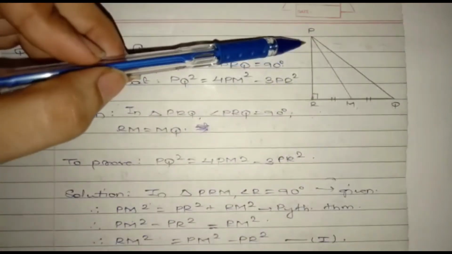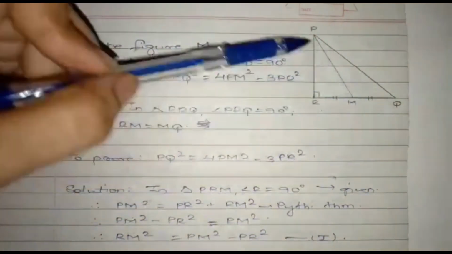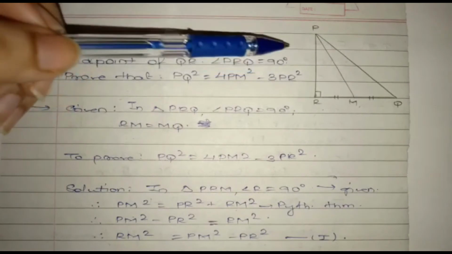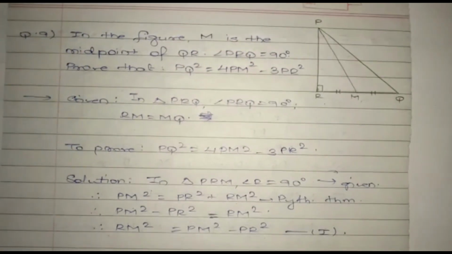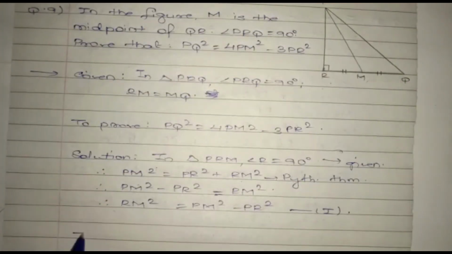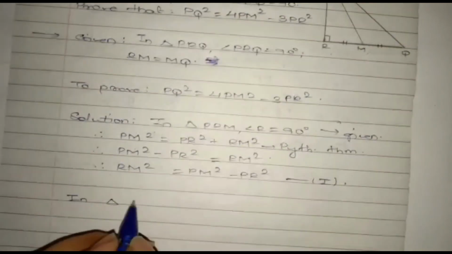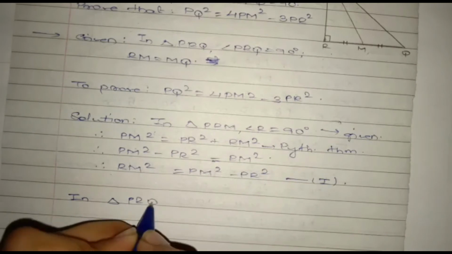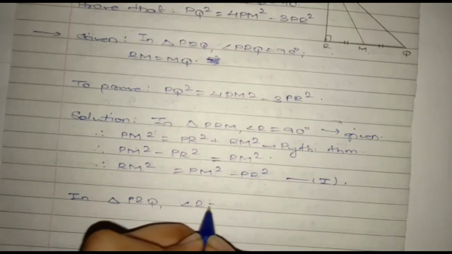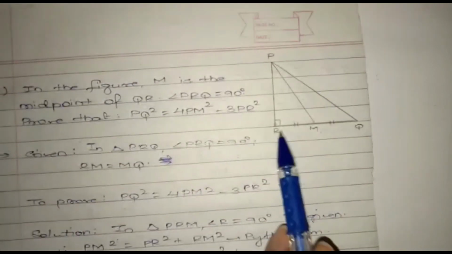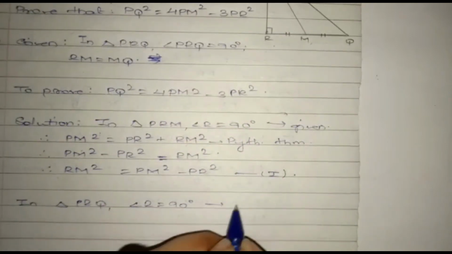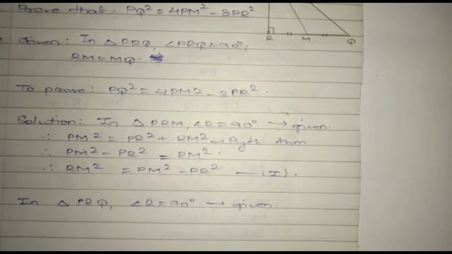Now we will consider the bigger triangle, triangle PRQ, and use Pythagoras theorem and see which terms we get. In triangle PRQ, angle R is equal to 90 degree, which is already given.